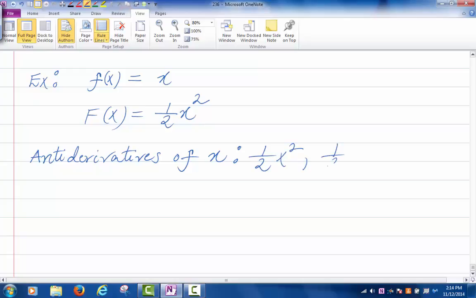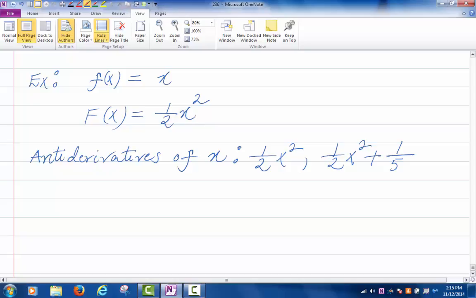But how about half of x squared plus 1 over 5? Is that an antiderivative of x? Yeah, because when I added 1/5, it doesn't change the derivative. The derivative of half of x squared plus 1/5 is still just x, right? Because the derivative of 1/5 is 0.